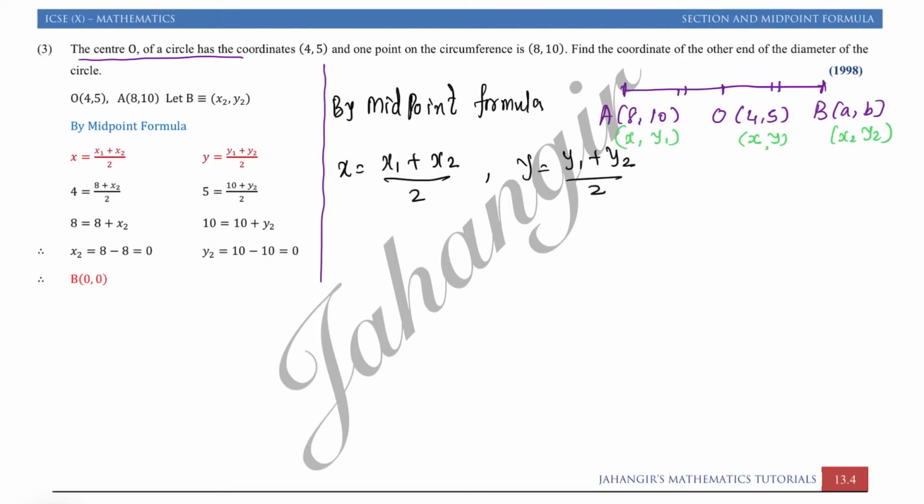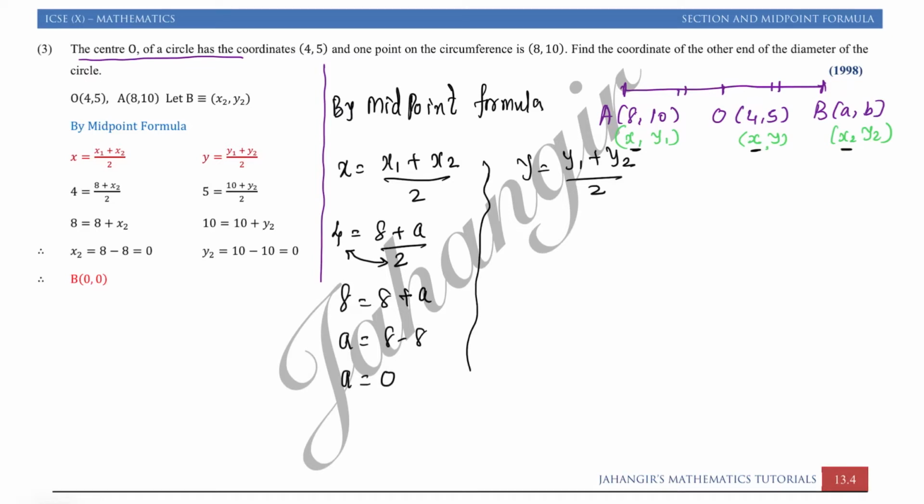So x is what? Here we have x1, x2. See, I had marked. You can just substitute. x is 4, that is equal to (8 plus a) upon 2. So 4 times 2 is 8, cross multiply, is equal to 8 plus a. So a is equal to 8 minus 8. Therefore a is equal to 0.